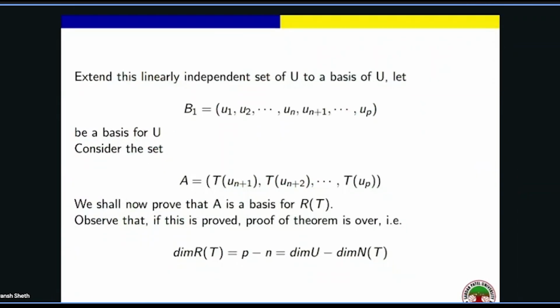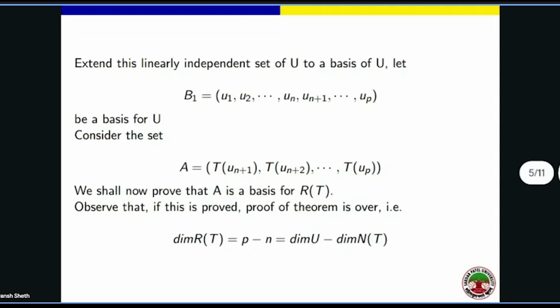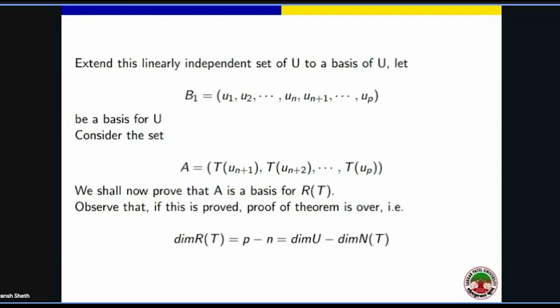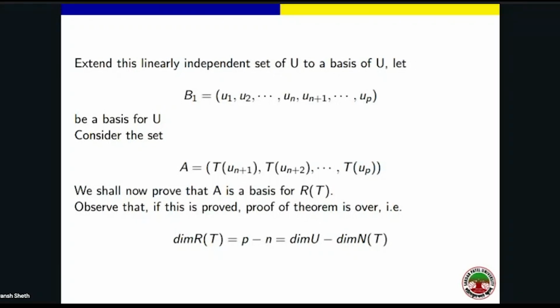Now, if I want to show that any set is a basis of a particular space, what are the two things I need to prove regarding that set? Anyone? The set needs to be linearly independent and the set spans the vector space.